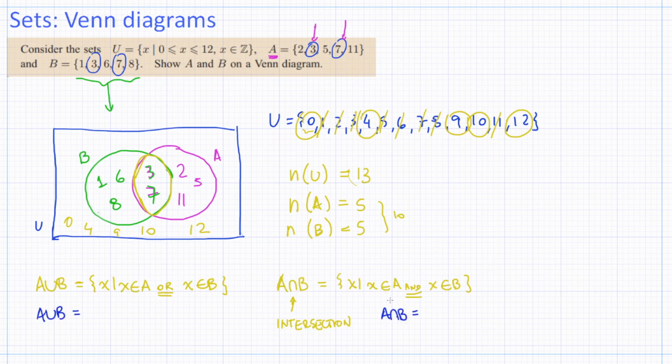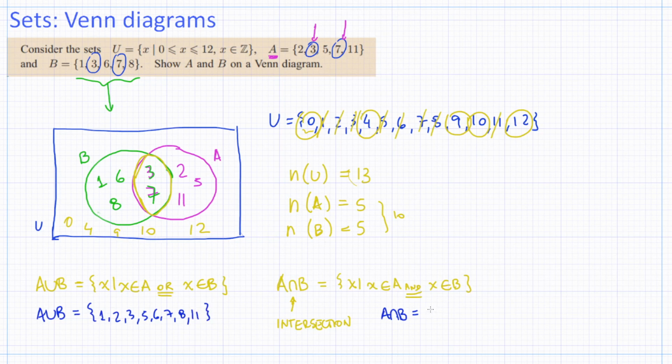Let's see in this example what would be the union and what would be the intersection. The union of A and B, we would have to get all elements which are in at least one of them. So 1 is in set B, 2 is in set A, 3, 4 is not, 5, 6, 7, 8, 9 is not, 10 is not, 11, and that's it.